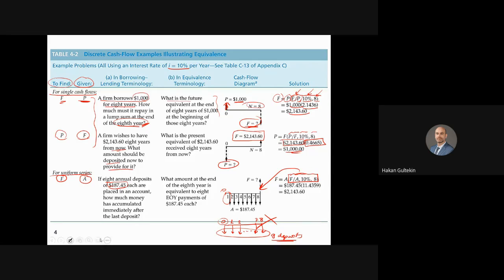But of course, if you say, then can't we find the equivalent future value of this one? Of course you can find it, but you cannot use this factor to find it. You need to use an additional thing. What you can do is you can assume that, okay, there is a single cash flow at time 0, which is this much.